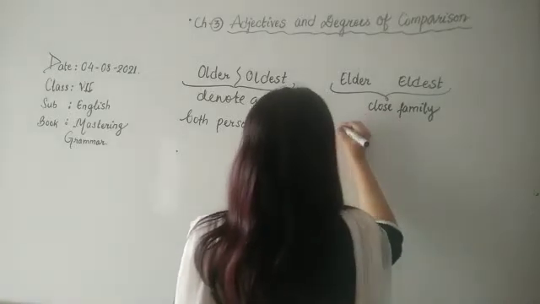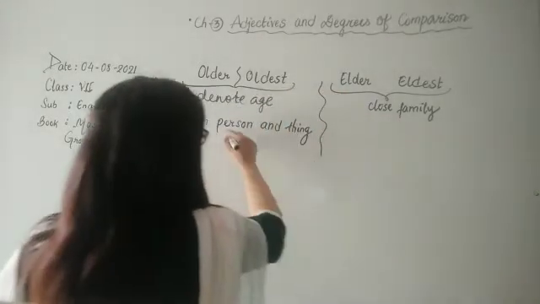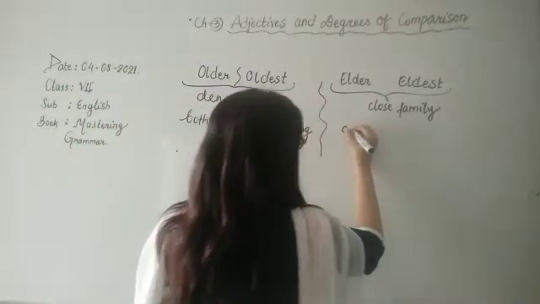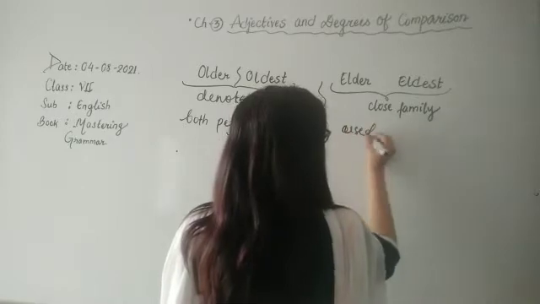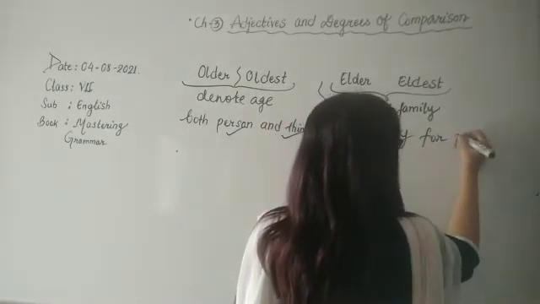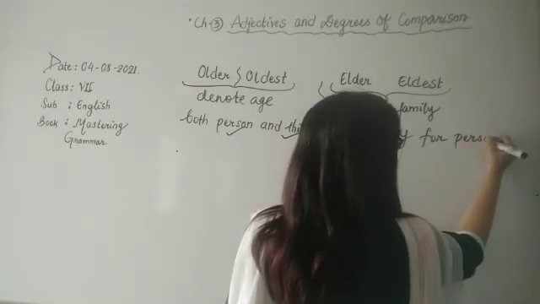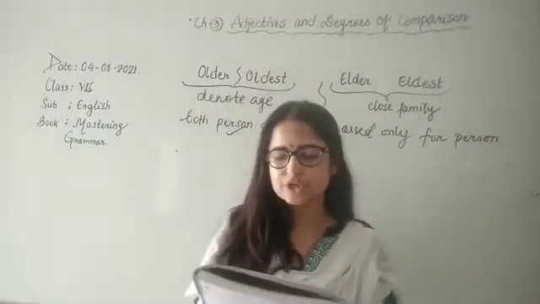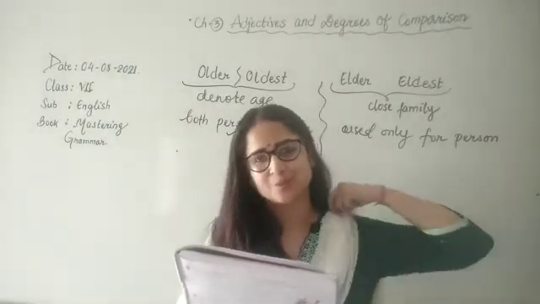You should remember, the other one was used for both person and thing. Now this is used only for persons or people, closely related to each other, like sons, daughters, brothers, sisters and so on.